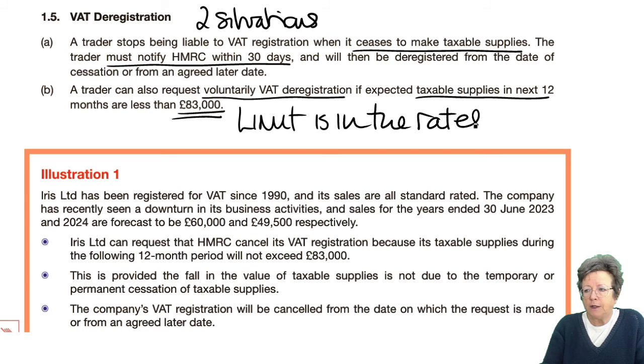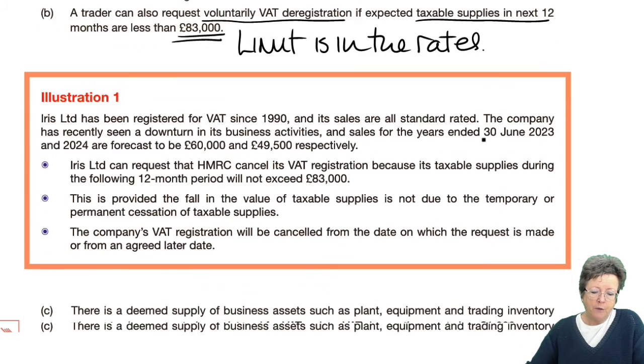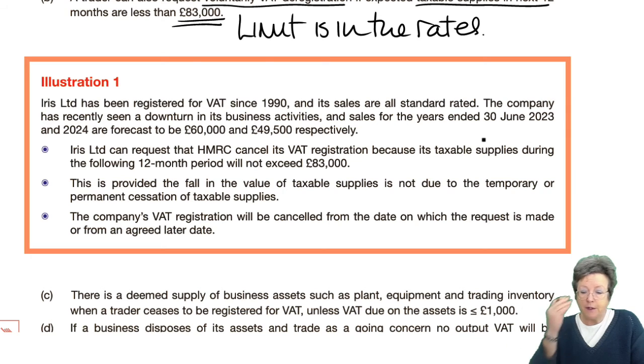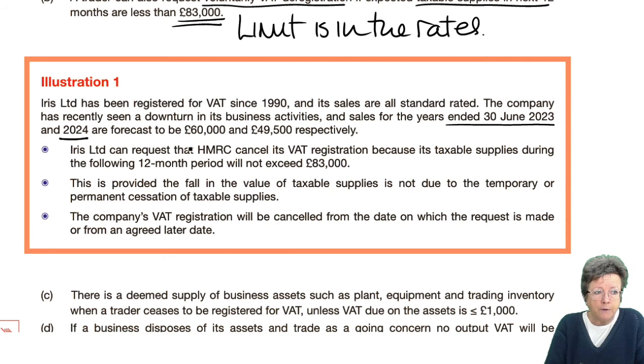And we've got an example here. So Iris has been registered for VAT since 1990. Its sales are all standard rated. The company has recently seen a downturn in its business activities, and sales for the year ended June 23 and 24 are expected to decrease. So they're going down.